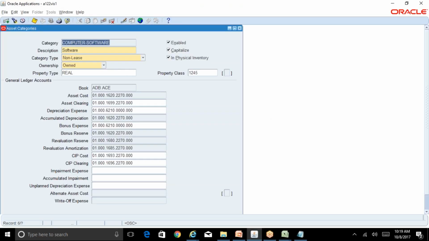So bring up that particular category, put your cursor here. See, the same category is used across so many different books. Here you can see that there is some ledger by name ADBS which is already created. Press down arrow. You are able to see all the ledgers which are created here.